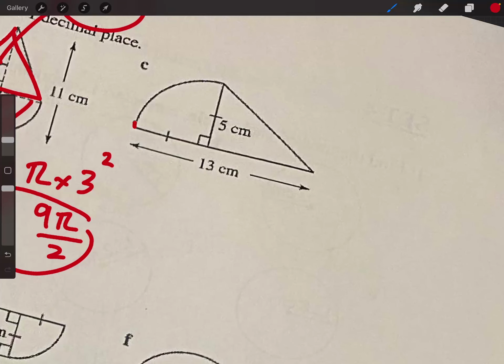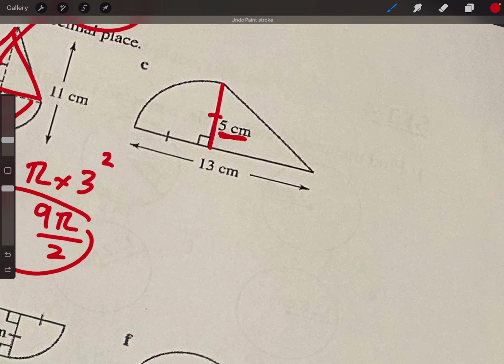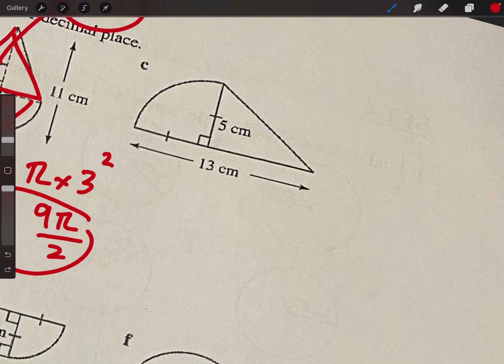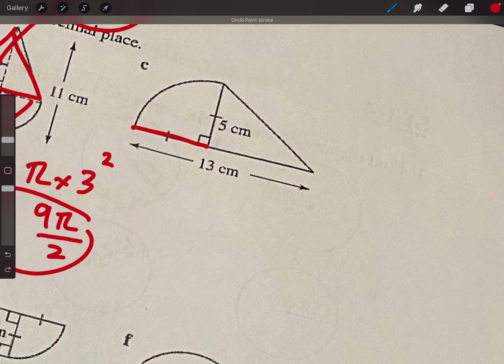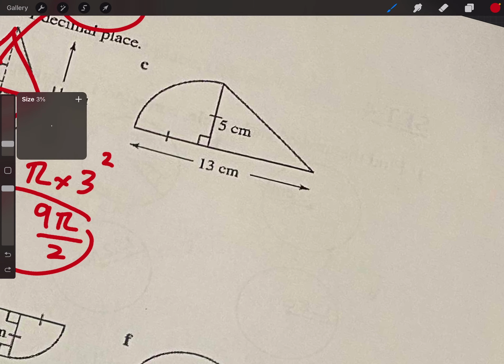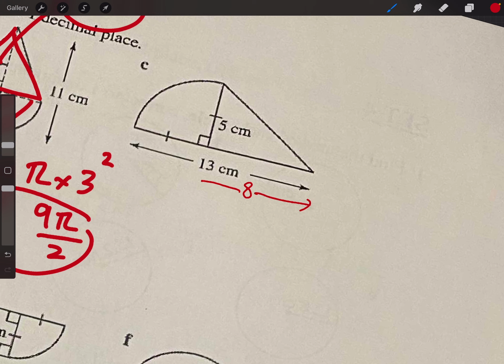Alright, next one is we have to find the area of the quarter circle. Now what we're going to do is, this length is 5. It's given to us, but at the same time this length is also 5. So if this is 5, then we take 13 take away 5, which equals 8, which means this length from here to here must be 8.